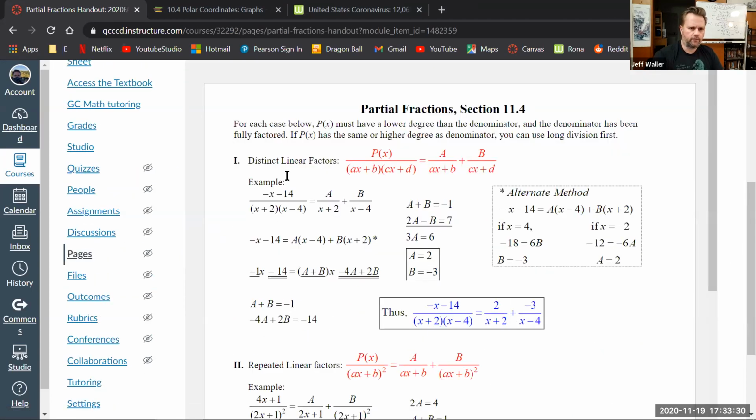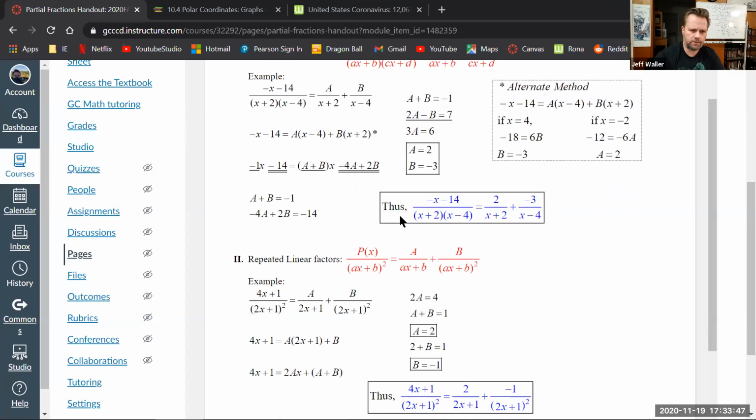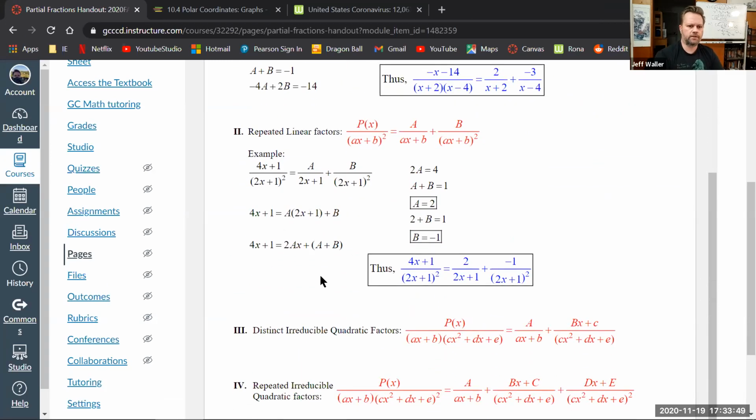So we did an example of this up here. There's the alternate method. We'll do this again today a couple times, so you at least know it's there if you want to. But you can always do equating coefficients. So we're going to get into this slightly freakier stuff.